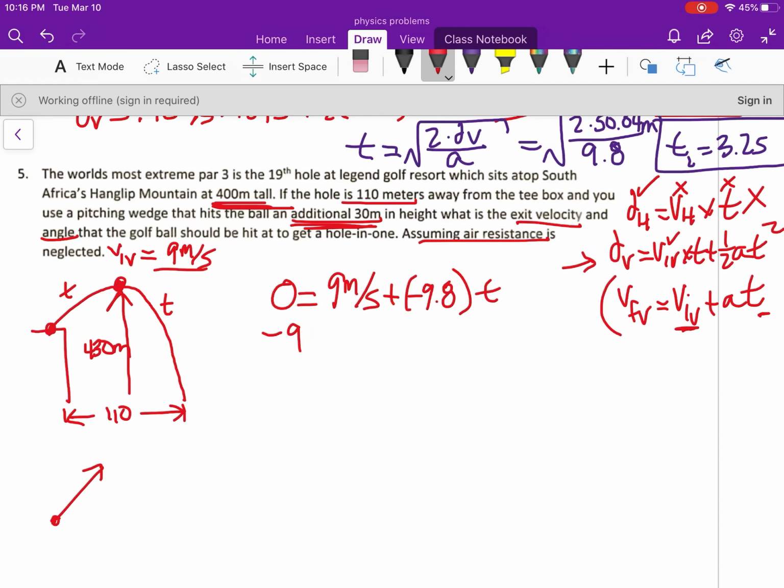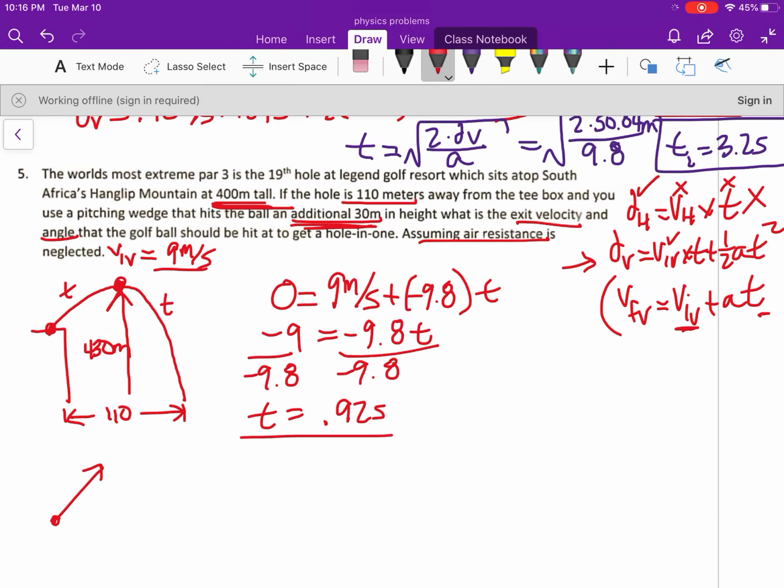To solve for this, I subtract 9 from both sides, negative 9 equals negative 9.8 times time, and then I divide by negative 9.8 on both sides. So the time is negative 9 divided by negative 9.8, which gives me a time of 0.92 seconds. And that's the time that it takes to get to this very top right there. So that's just half of our time interval, not exactly half, but you know what I'm talking about, this first half.